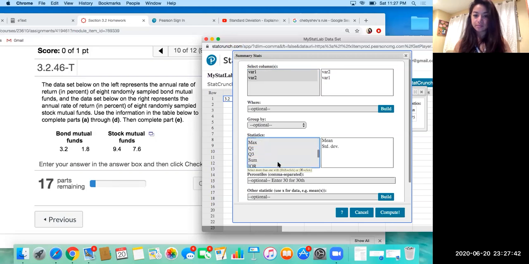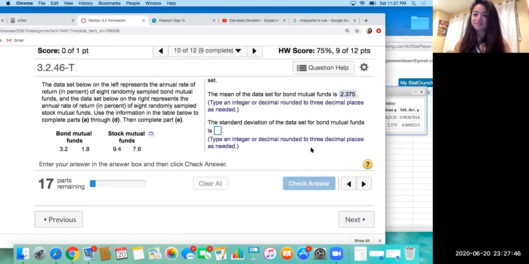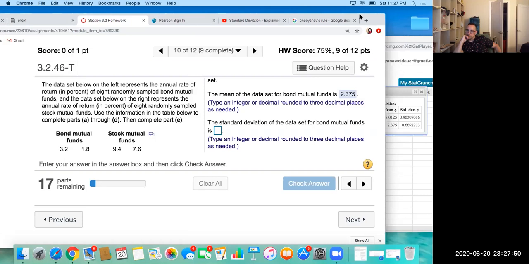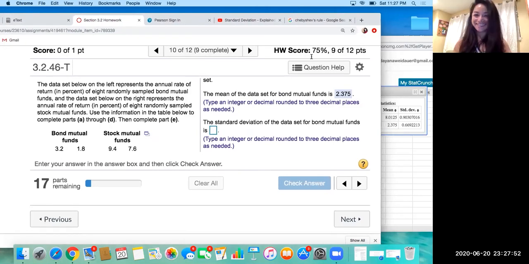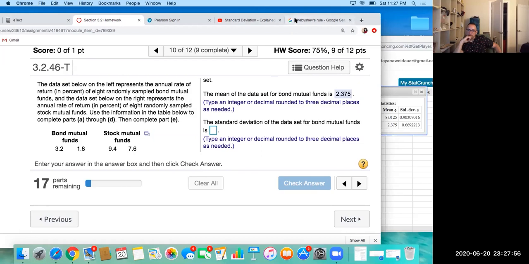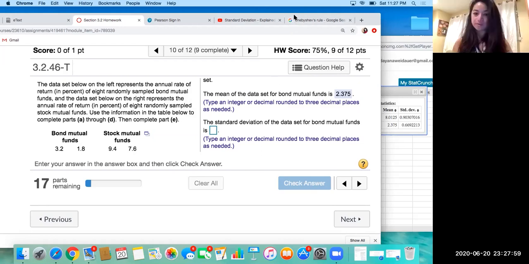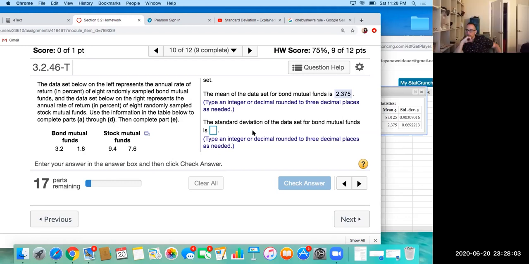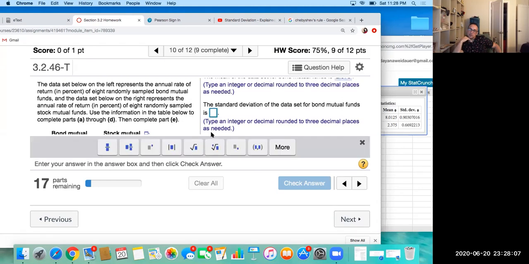Okay. What would I do without you? Assuming this is going to be the bond and the top is going to be the stock. Yeah, bottom is stock, top is bond, probably.